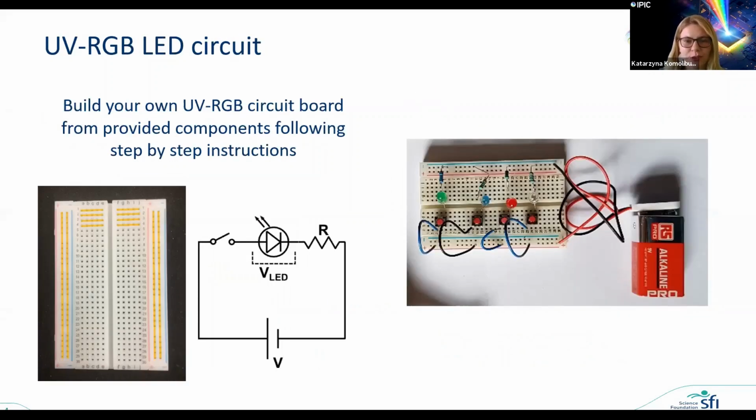You will also find resistors, cables, batteries, different color LEDs and step-by-step instructions on how to put it together in order to make it work. This component will be part of many of the experiments within the Biophotonics kit. I hope the instructions will be clear on how you should put it all together, okay?